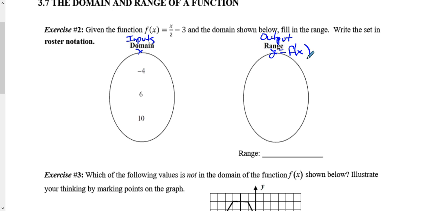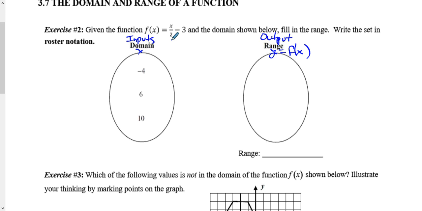So here's our rule, our function, and here's all the inputs. So let's find the range for this particular domain. You notice that this domain is pretty restricted, right? It's not that it goes from -4 to 10. It is specifically just -4, just 6, and 10, and that's it. No numbers in between.